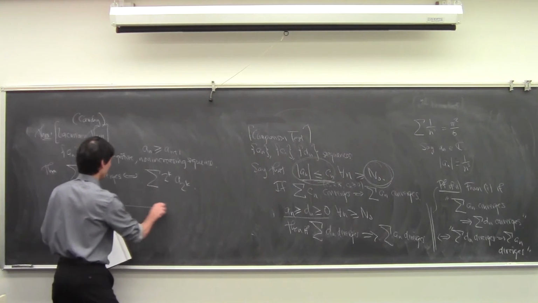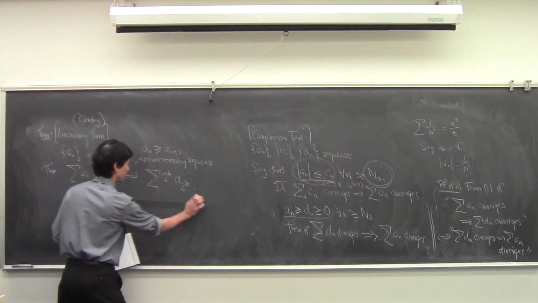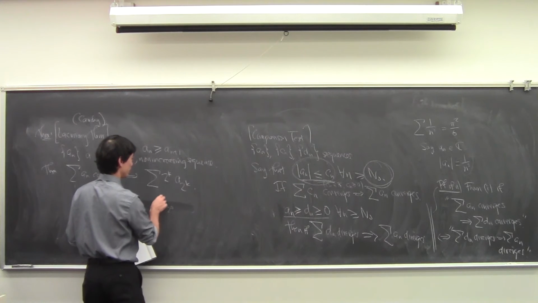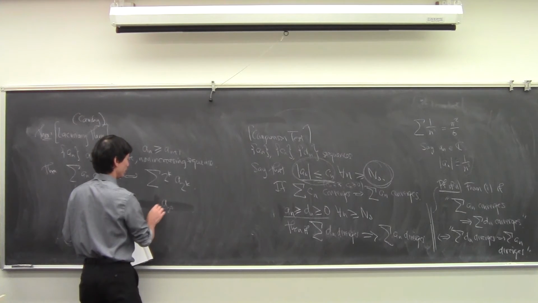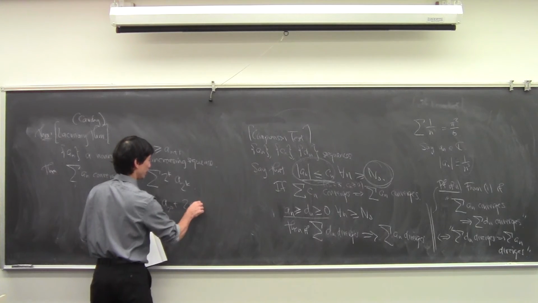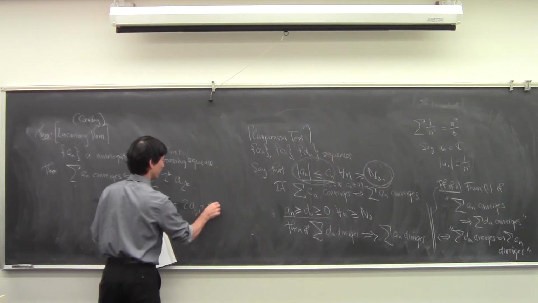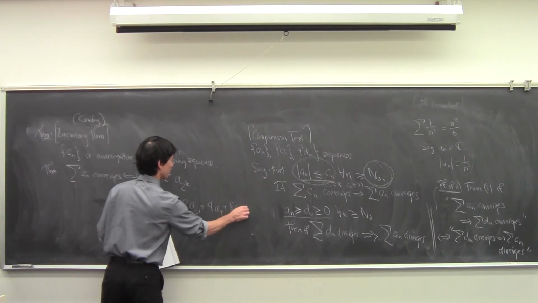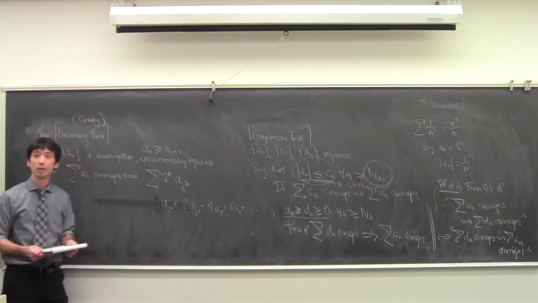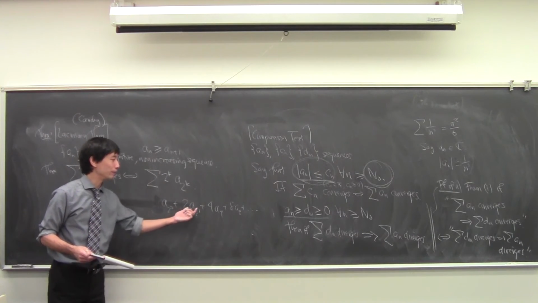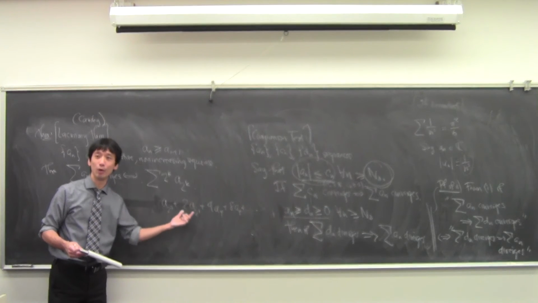So you only have to look at a sub 0 plus 2 a sub 2 plus 4 a sub 4 plus 8 a sub 8 plus and so on. Okay, so you only have to look at terms. You don't have to consider all the terms.